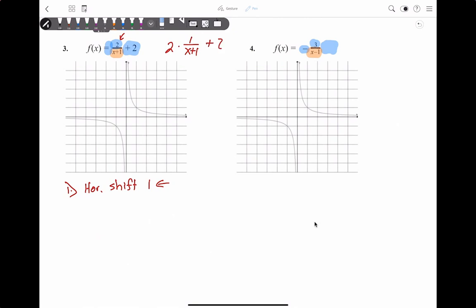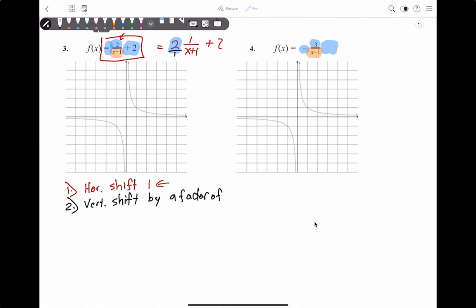So you could have had this 2 right here out in front, and it means the same as it's written right here. Okay, this is still a vertical stretch, whether you see it here up front or on top as the numerator. Now understand that because this is the same as 2 over 1. So our second one is going to be a vertical shift, and it's going to be by a factor of 2.